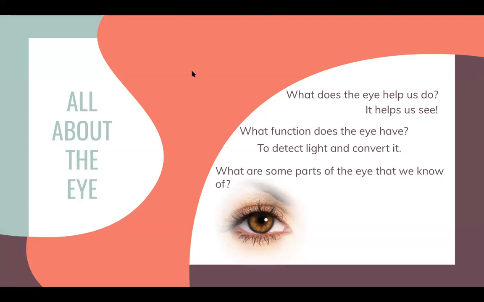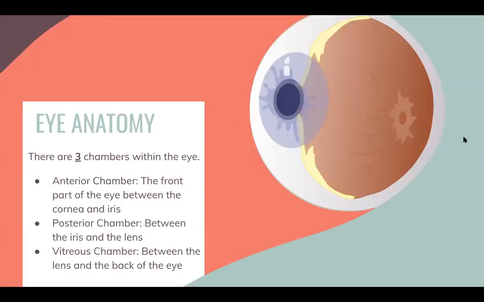If you could just drop a part of the eye. Okay, I don't think she's responding, so. Yep, so I've written down lens, retina, pupil, cornea, and there's so many more.